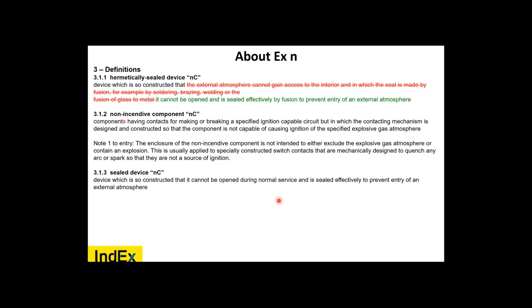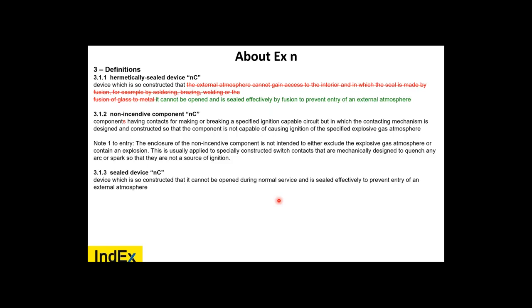Now, non-incentive component. Well, it's a component having contacts for making or breaking a specified ignition capable circuit in which the contacting mechanism is designed and constructed so that the component is not capable of causing ignition. Now, the enclosure of the non-incentive component is not intended to exclude the gas atmosphere or contain an explosion.